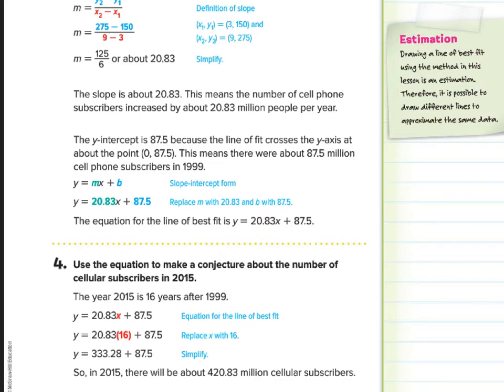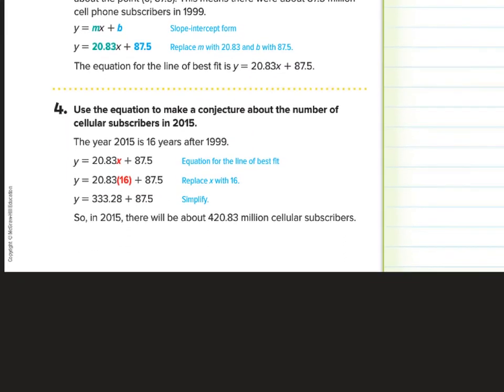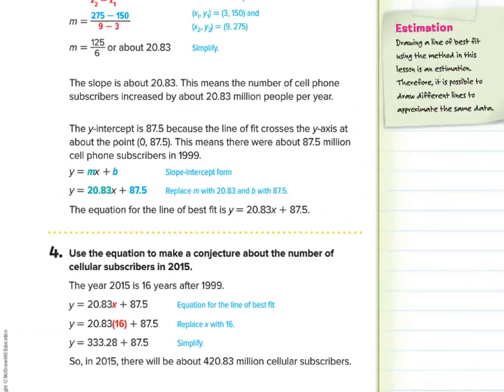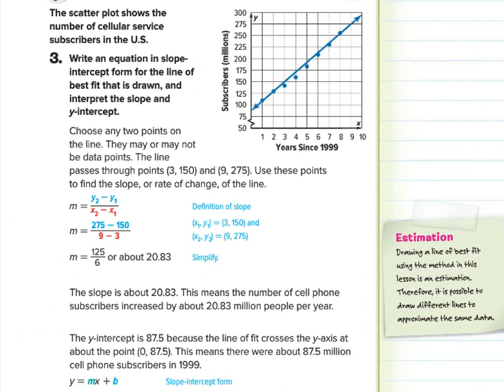Okay, so I'm sure you're noticing that everything is starting to come together. Here's another example. Use the equation to make a conjecture about the number of cellular subscribers in 2015. So now we're just going to use this equation to solve for any year where x is the year. And you can see here we're using the year 16 since we started counting in the year 1999, where 2000 is the first year. You can see that back over here, right?